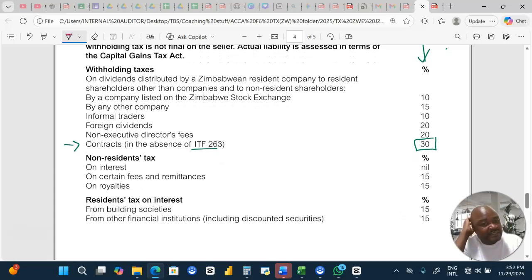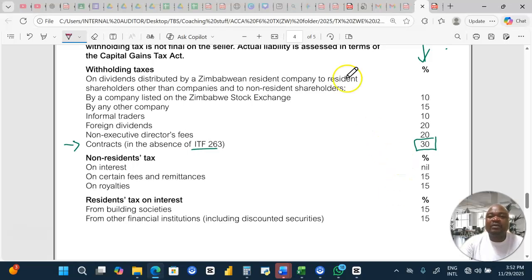So on dividends distributed by a Zimbabwean resident company to resident shareholders other than companies and non-resident shareholders, by a company listed on the stock exchange, that's 10. If this was a company listed on the stock exchange, the withholding tax was going to be 10%.